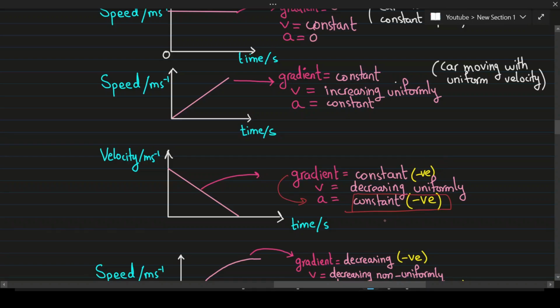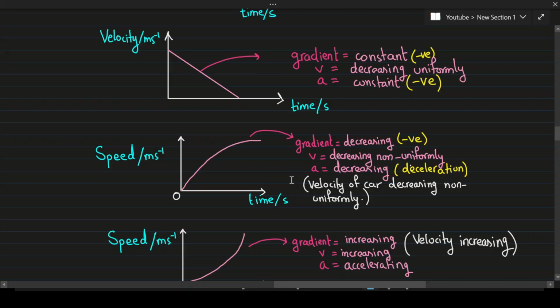Now for negative acceleration, we have another term, that is deceleration. Now the speed of the car is decreasing uniformly. Like it is 80, then 60, then 40, so it is decreasing by minus 20. So this is the graph of a straight line.